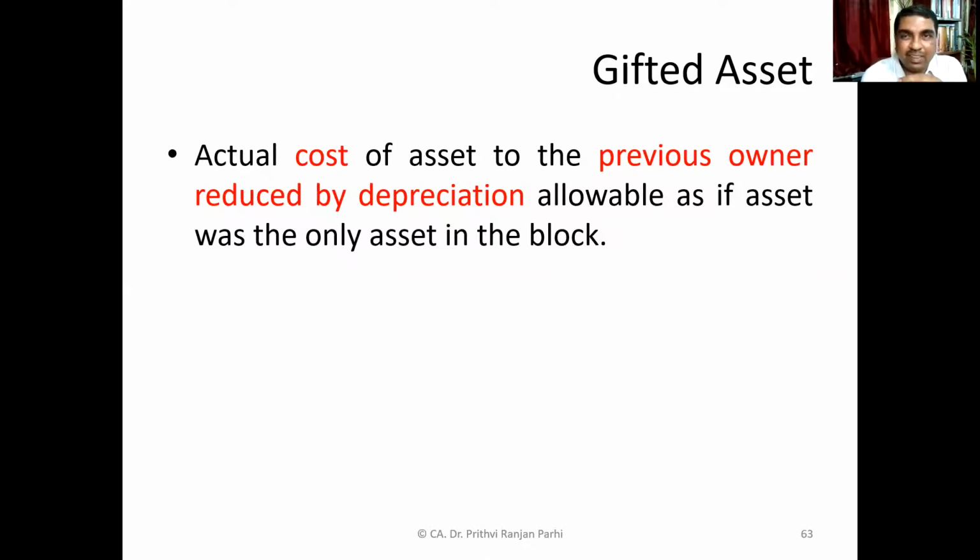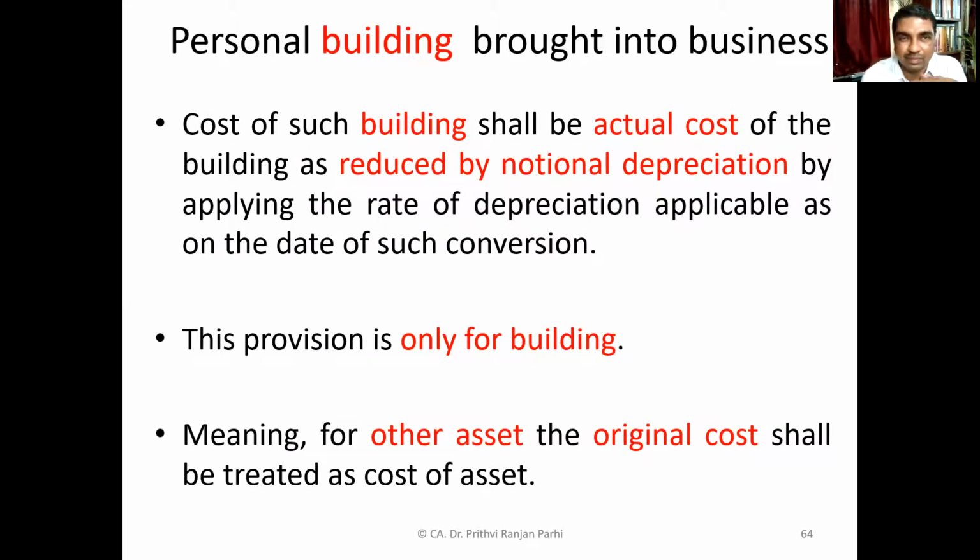In case of gifted assets, the cost of asset shall be the cost to the previous owner reduced by depreciation, as if the asset was the only asset in the block. That means we have to take the previous owner's cost and reduce by the amount of depreciation. By doing that, we will be arriving at the actual cost. If a personal building was there and which is later on brought to business as a business asset, then how to compute the actual cost?